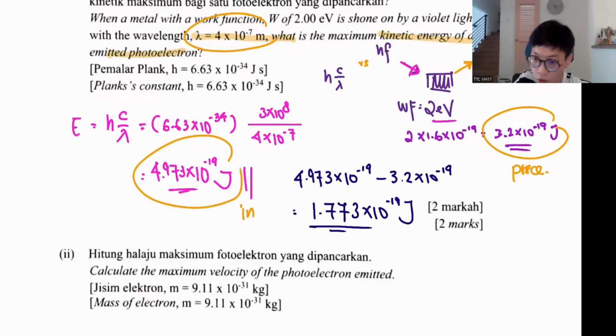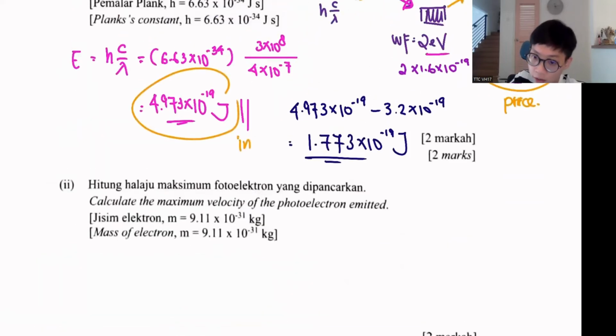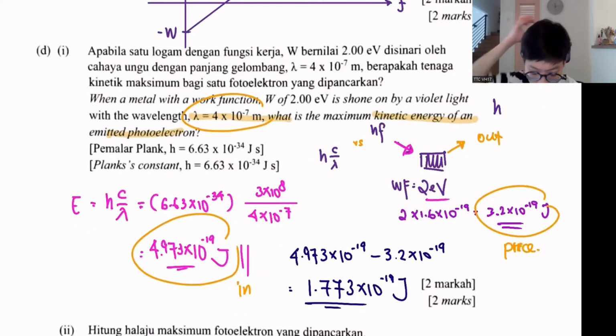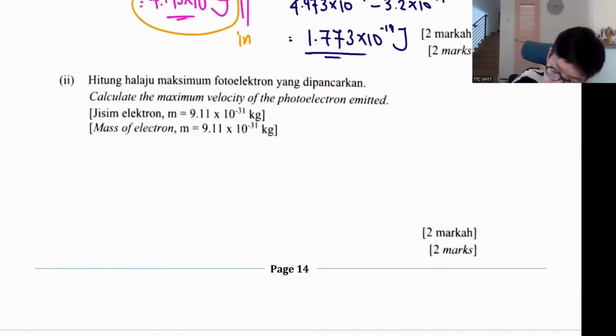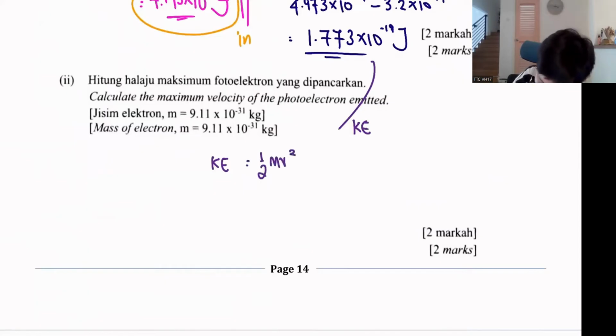Okay, next. So we're going to look at the next question here. Calculate the maximum velocity. So now this is part B. So this is your kinetic energy. Kinetic energy equals half mv squared.